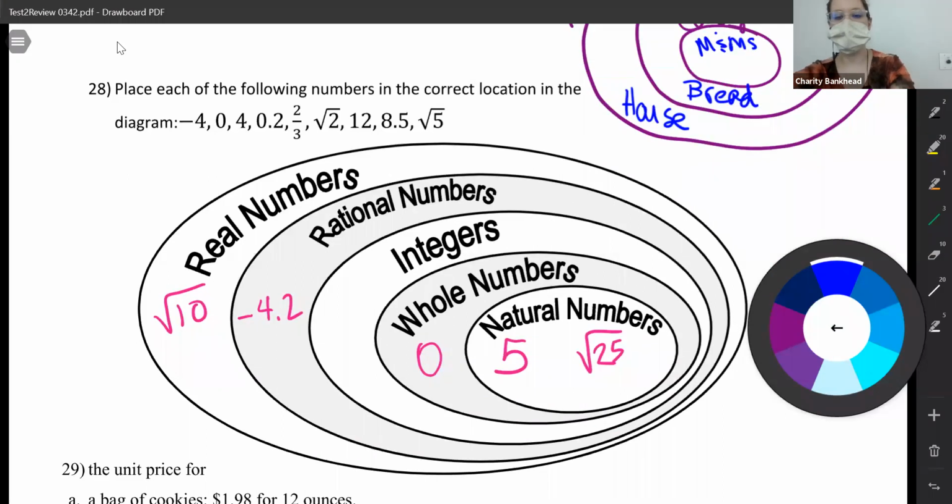So if I say the square root of 25, that's the same thing as 5. So that's why it goes in there. But the square root of 10, that's just going to be some decimal. So that goes over here under real numbers. So that would actually be an irrational number. Okay. And the only number that ever goes in this area is 0, because that's the only number that's a whole number that's not natural.